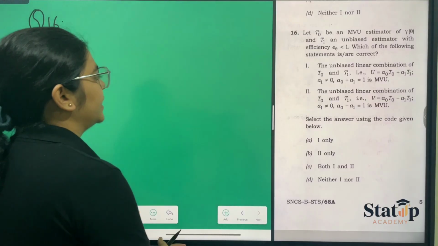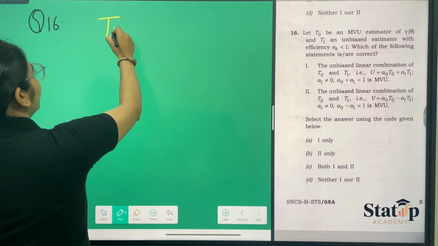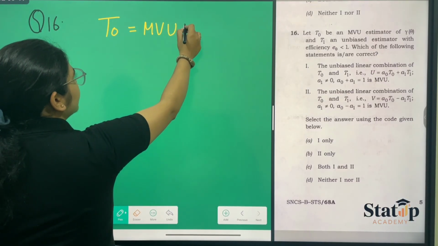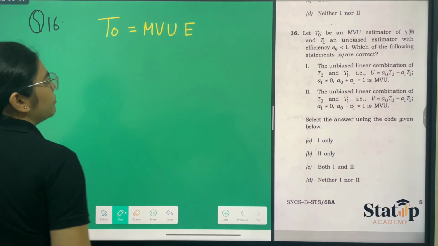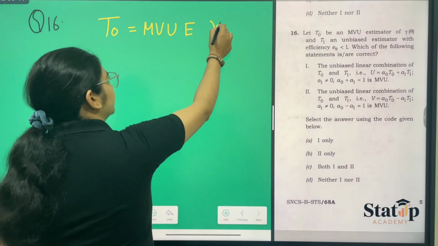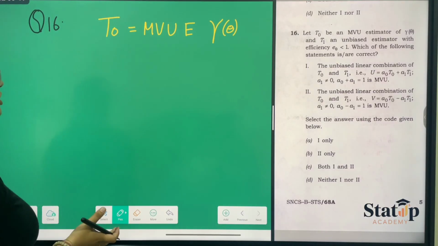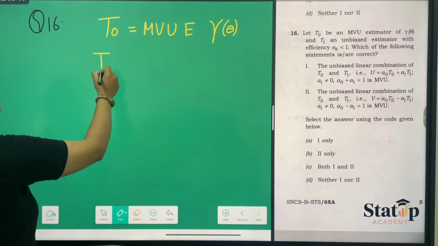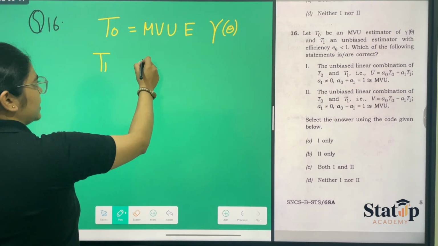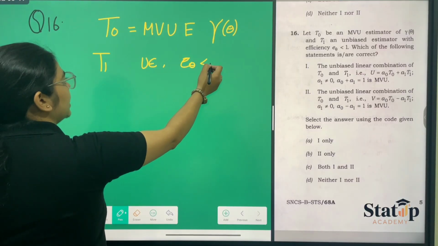Question number 16 says that T naught is the MVUE, minimum variance unbiased estimator, of gamma theta. And T1 is another unbiased estimator. It is not MVUE, but it is an unbiased estimator, and it has efficiency E theta, which is less than 1.